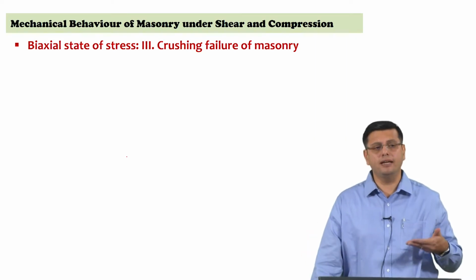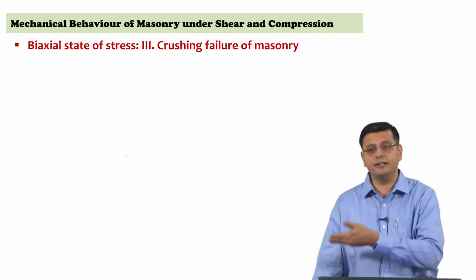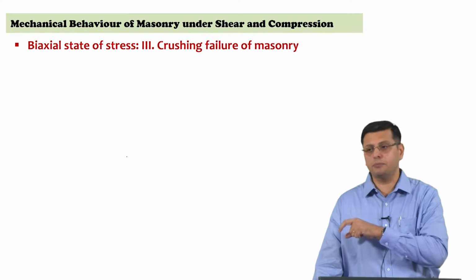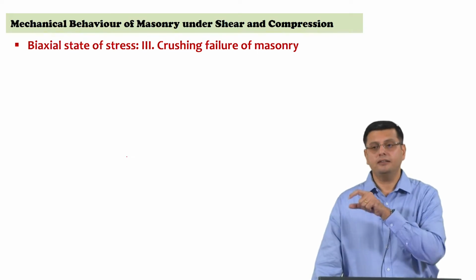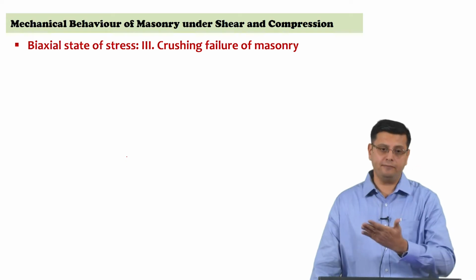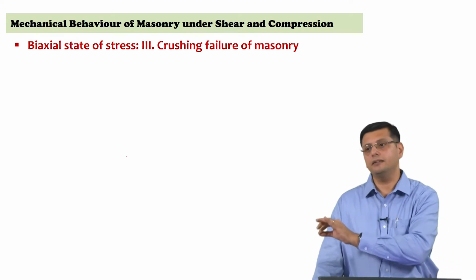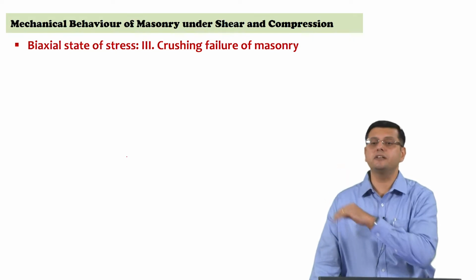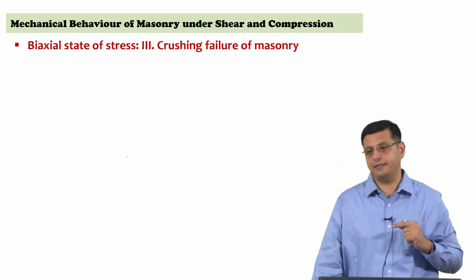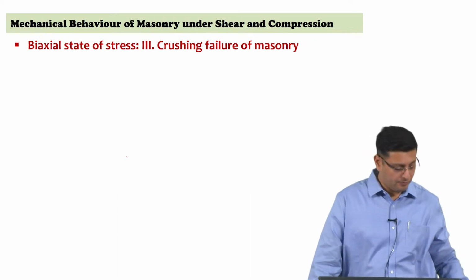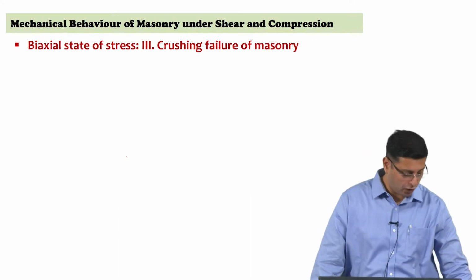One end of the wall is experiencing uplift, whereas the other end of the wall, under the action of the in-plane forces, is experiencing increased compression. Under that increased compression, if the precompression level was originally high, the chances are that the flexural compression at ultimate reaches a value close to the crushing strength of masonry itself. So that becomes the third criterion for establishing failure in the masonry wall.